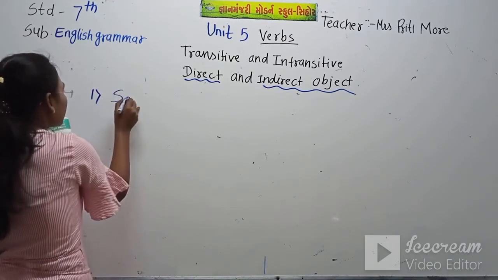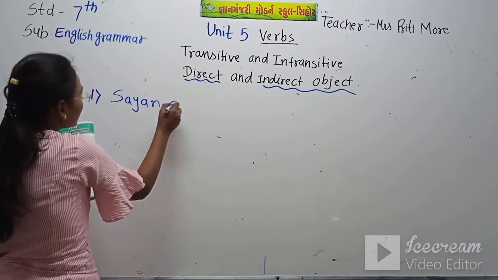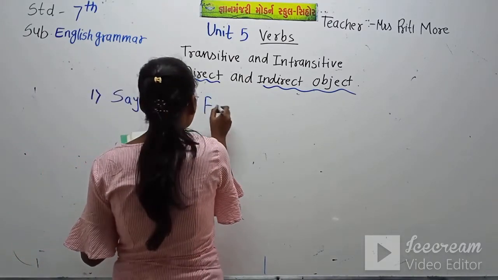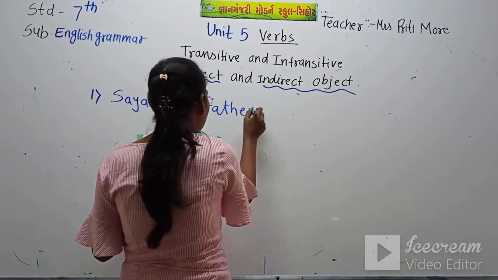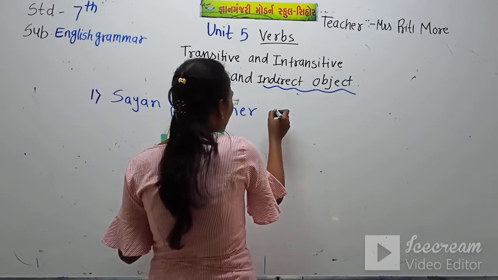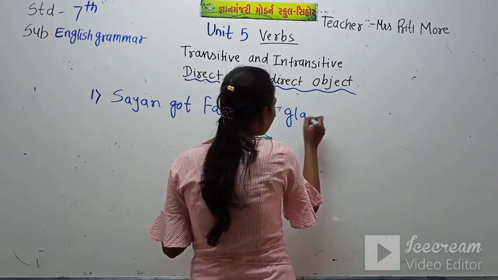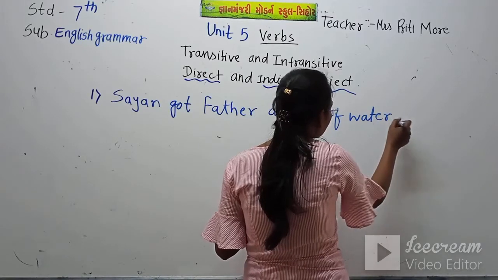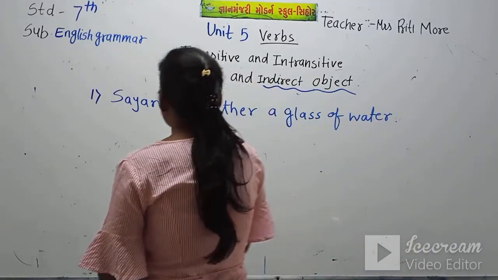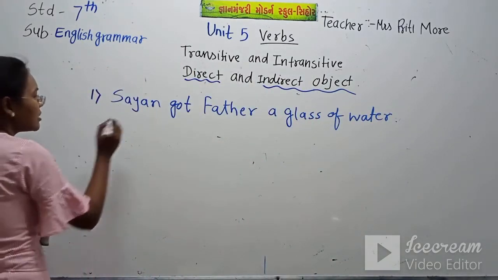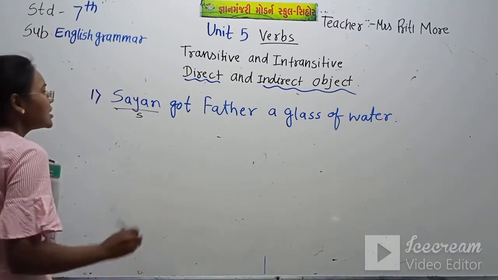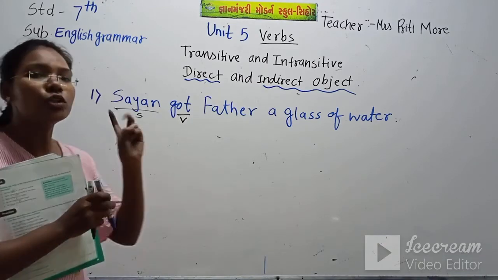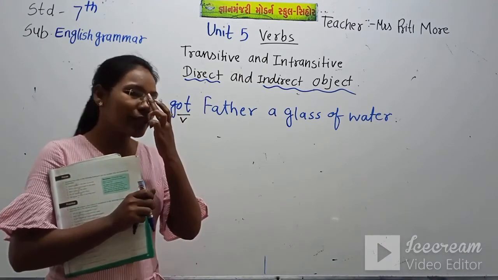So first sentence I write here: Sayan got father a glass of water. Now this Sayan is the subject, this is the verb, and there are two objects in this sentence.